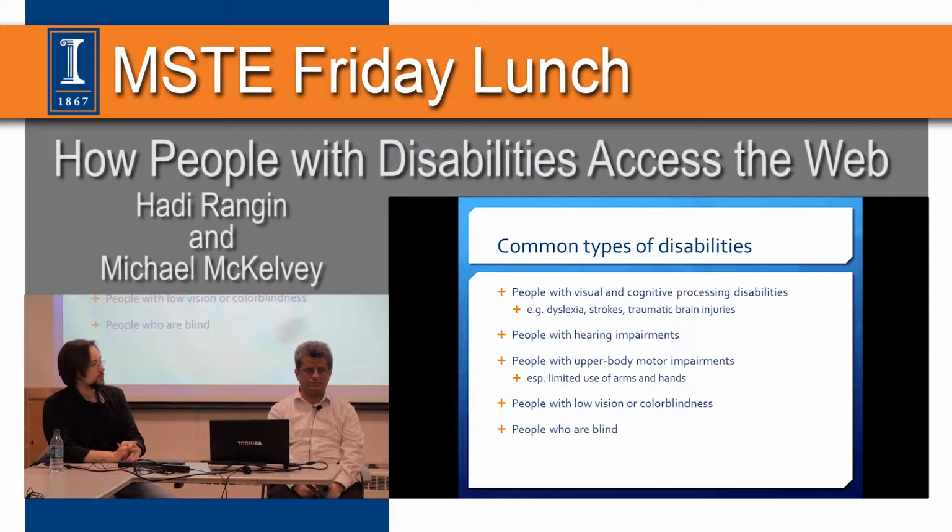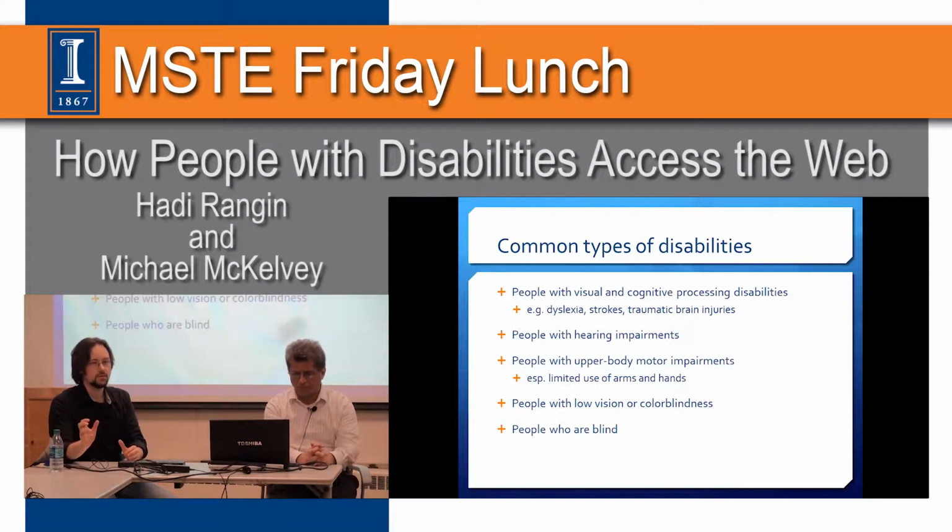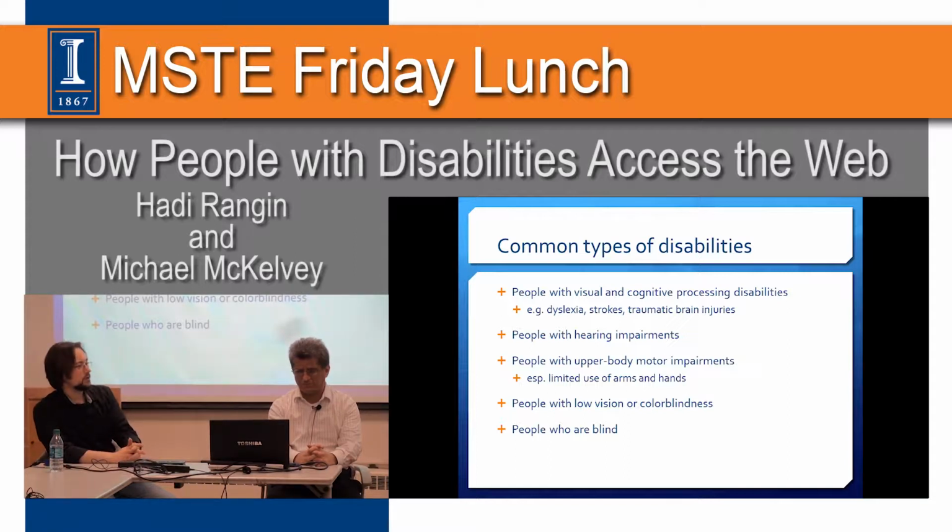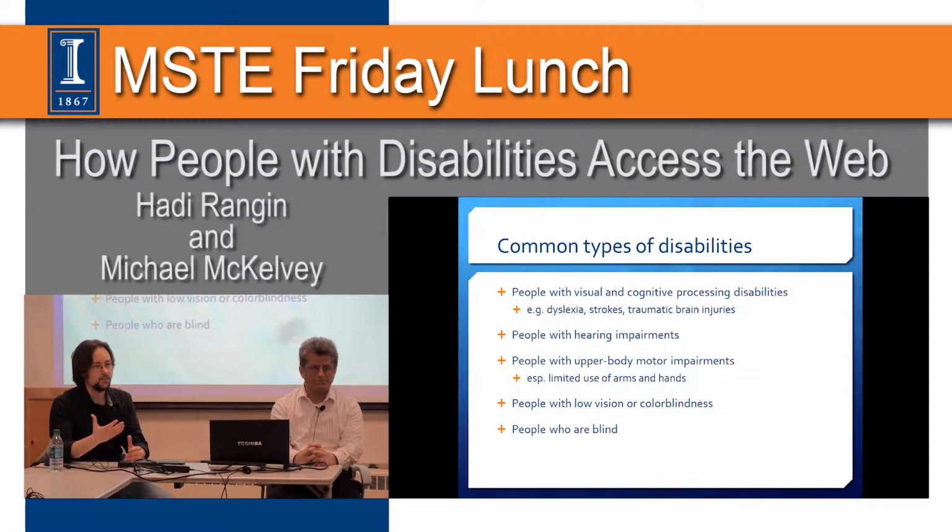People with upper body motor impairments, so people who don't have good use of their hands, their arms, so it makes it very difficult to use a mouse or other things that most of us are accustomed to using to interact with a computer. People with low vision or color blindness, these are people who can see, but there's something different about how they can see than how the rest of us would be able to view a website or a computer or anything in general.